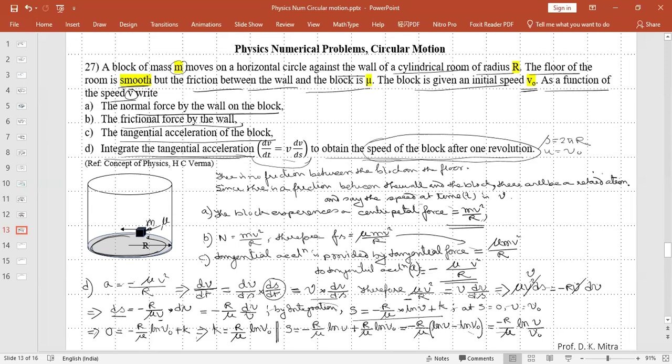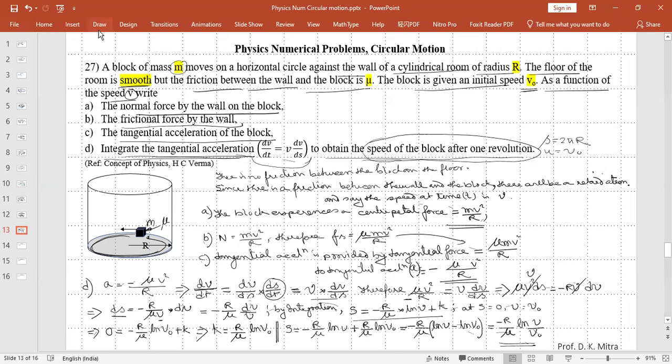This is one conclusion. We have not yet reached the answer. So, natural log of v by v0 will be equal to minus mu s by r. I need a little bit more space here.